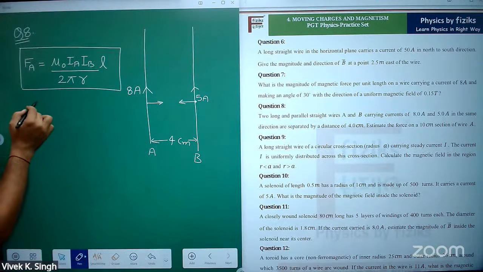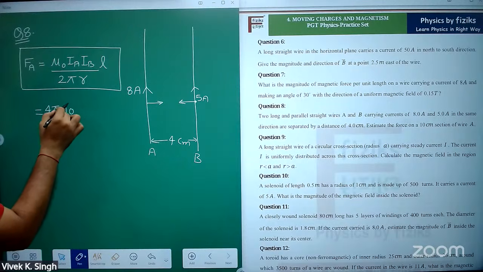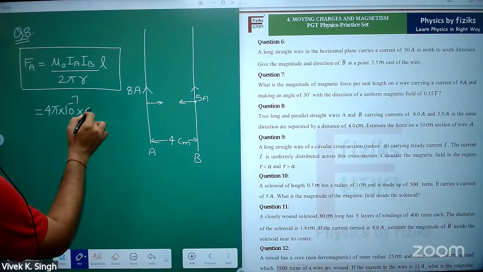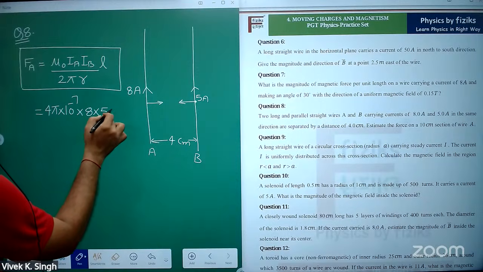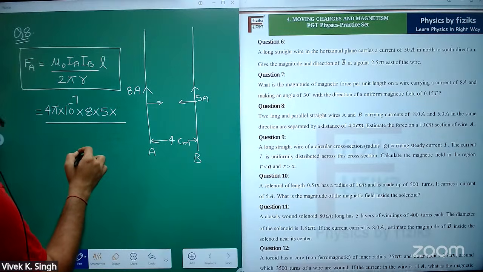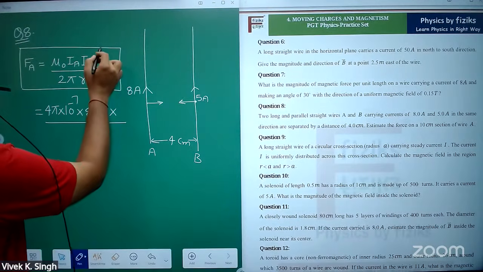So mu naught is given by 4 pi 10 to power minus 7. IA and IB is 8 into 5, and L is given as 10 centimeter.